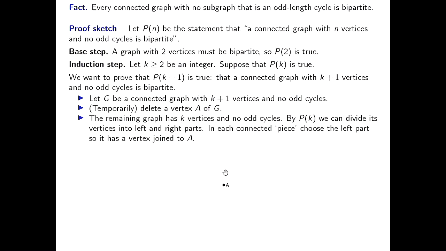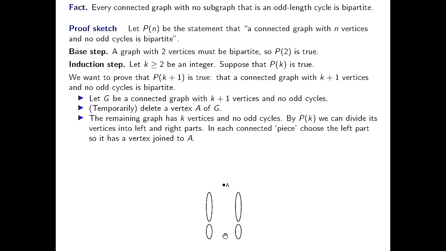So if here is our vertex A, what's left we can divide into left and right parts so that all the edges live between these parts. We might split what's left into multiple pieces, but that's okay, not a big deal.